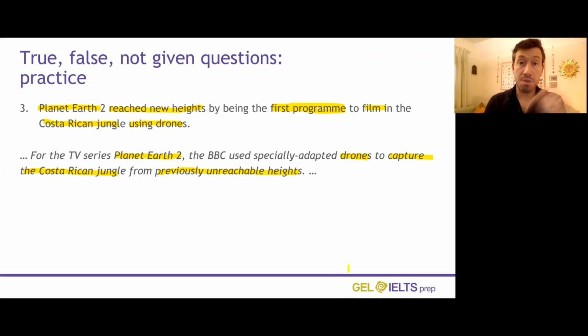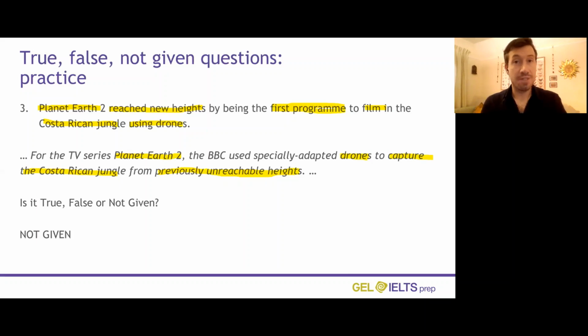They were the first program to use drones from this height, but we don't know if they were the first program to use drones in the Costa Rican jungle. So, because we don't know, is it true, false, or not given? It's not given. There's not enough information for us to say true or false. So it's not given.